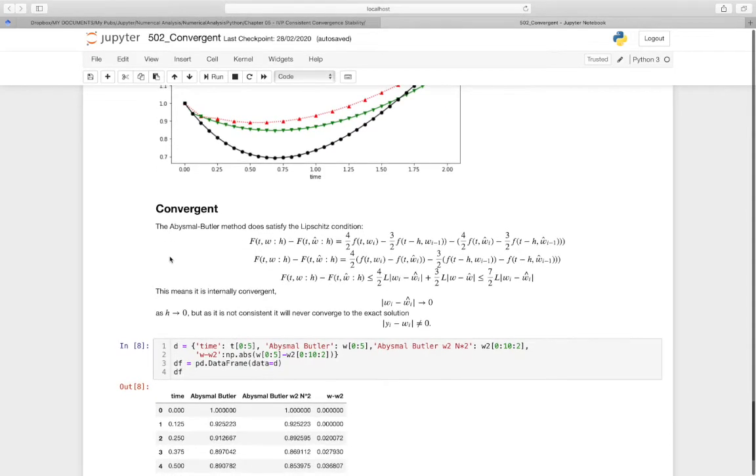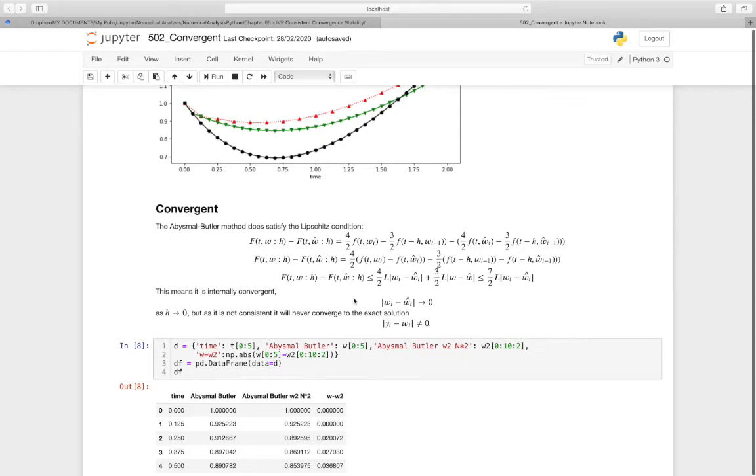So how do we show that something is convergent? We have to show that it satisfies a Lipschitz condition, which shows it is internally convergent. So we have f(t,y) minus f(t,y*). And so we do our little calculation, we work our way through, and we show that this is internally consistent.